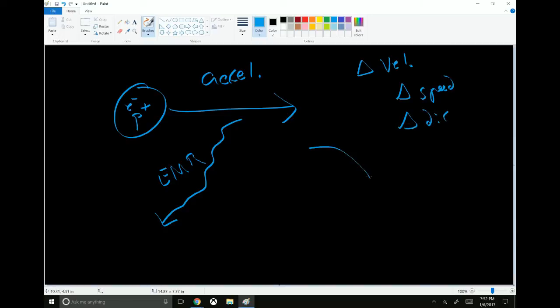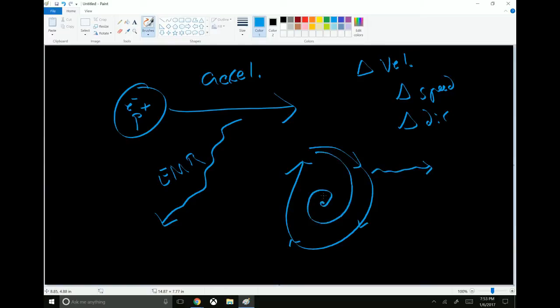And if you have something moving in a circle, for example, an electron outside of a nucleus, then it's always changing direction. So the electron should constantly be giving off electromagnetic radiation, and it should slowly spiral in to the nucleus. Not slowly, in fact, it should happen in a fraction of a second, in a big burst of light.